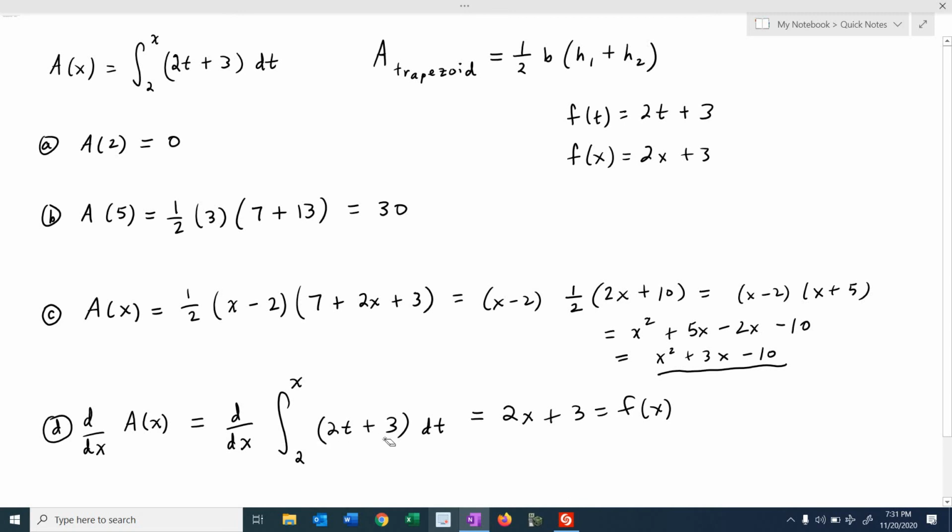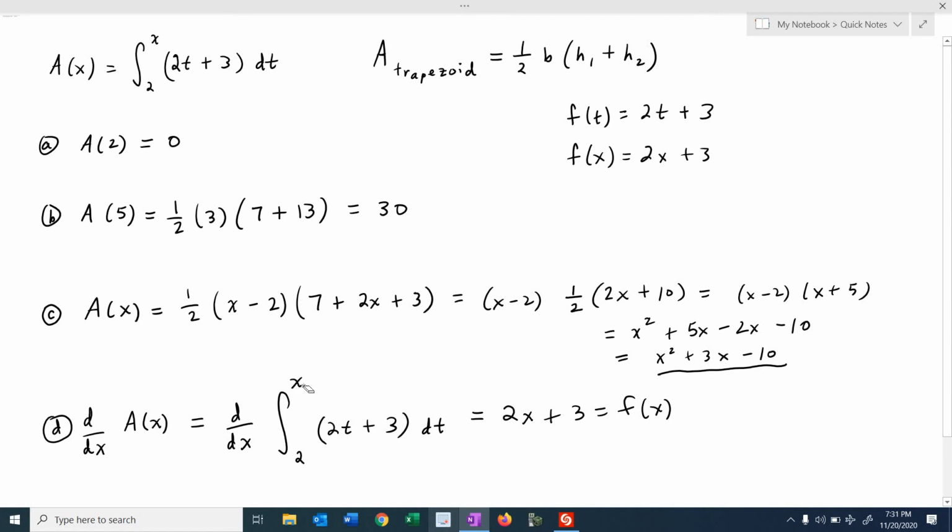Except in this function, t was a dummy variable. It actually depends on the upper limit here, which is x. So that's why you get f of x and not f of t. That's the way you need to think of this. When you take the derivative of a definite integral, those are inverse operations of each other, so they sort of cancel out, and you're left with the original function.